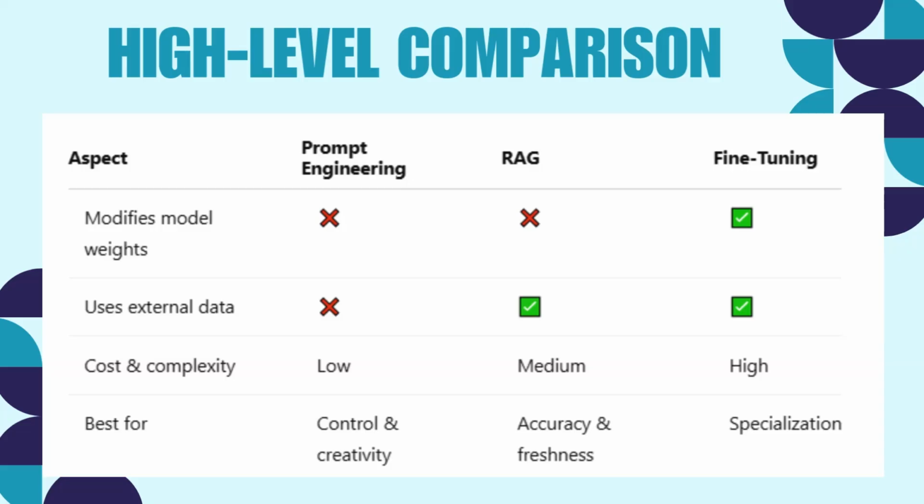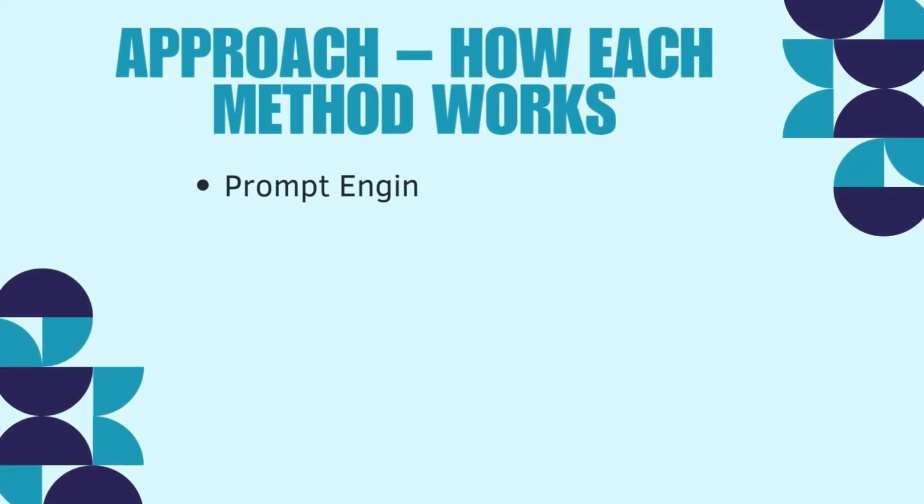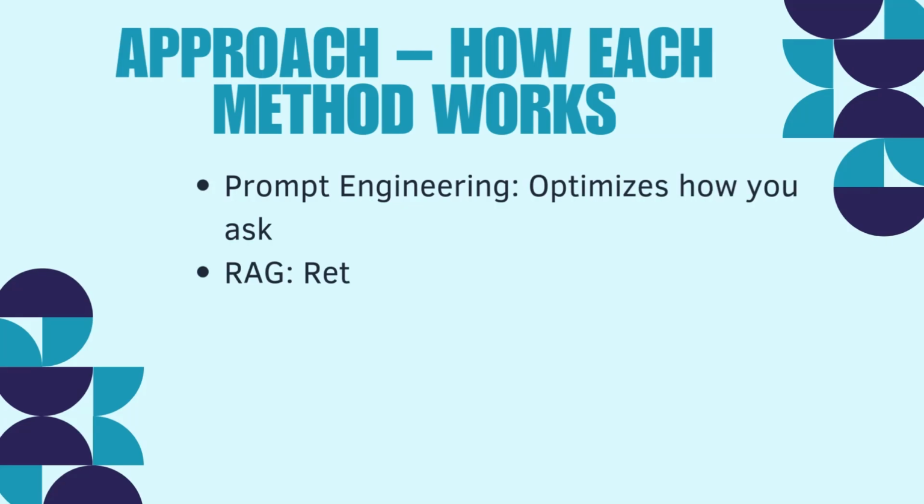RAG is important because it plugs an LLM into proprietary or real time data that the model otherwise cannot access. By adding internal documents, databases, or live information into the prompt, RAG enables the model to return much more accurate and context aware answers.